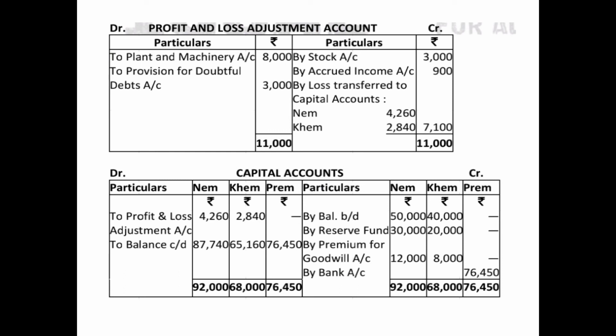For calculating proportionate capital, we need the adjusted capital of the old partners, Naman and Kalam, that we can calculate here. We compare the debit and the credit side, and we saw that the credit side is more than the debit side, and the closing balance of Naman, that is the adjusted capital of Naman, is coming as to balance carried down 87,740, and that of Kalam is coming to 65,160.